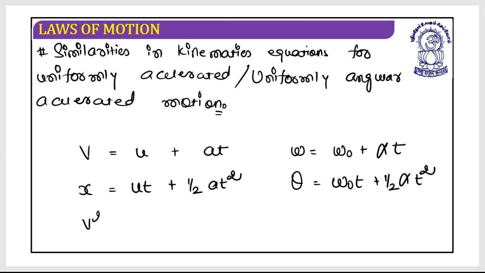Here v square is equal to u square plus 2ax. Here omega square is equal to omega naught square plus 2 alpha theta. These are the relations which are very helpful to get our task done.